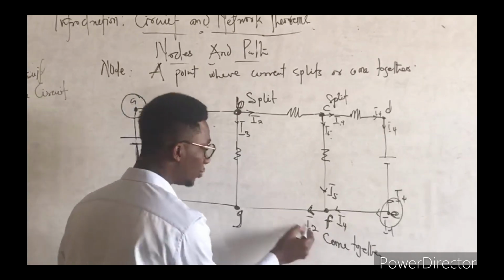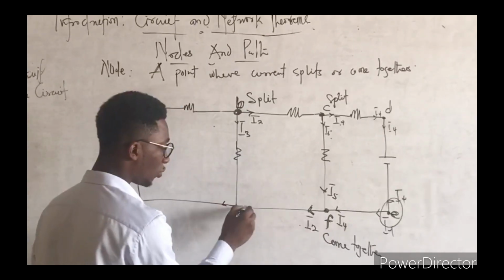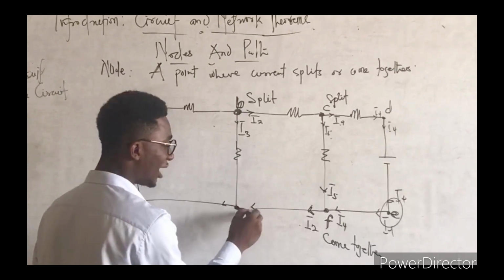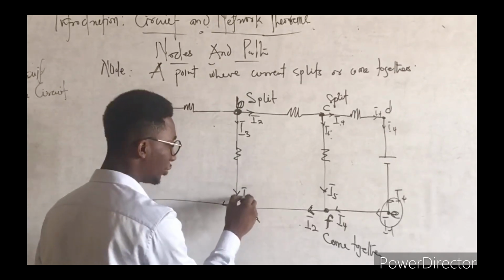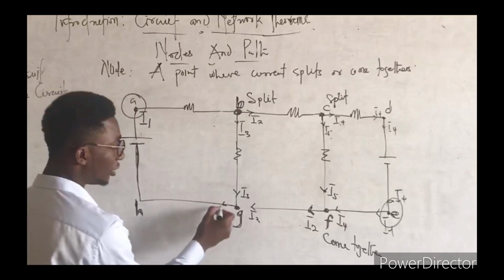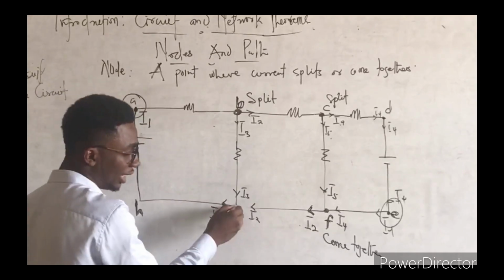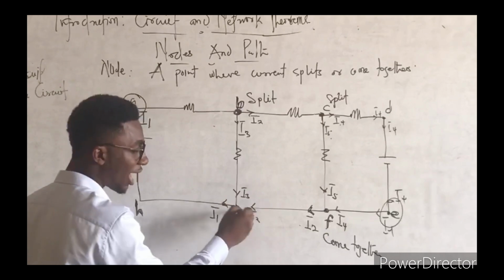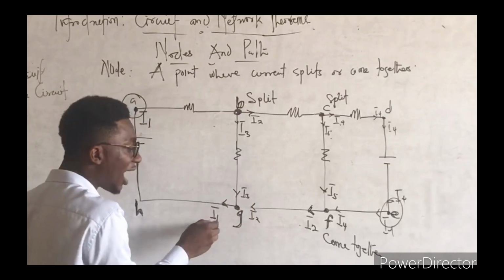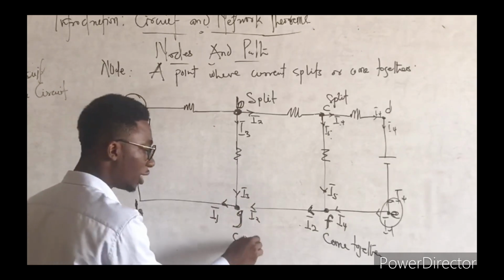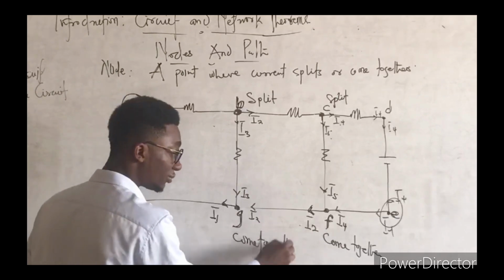So now I2 will come, and when we get to point G, it is I2 coming and I3. At point G, I2 and I3 are coming together to produce back I1. So at point G, what is there? Current coming together.